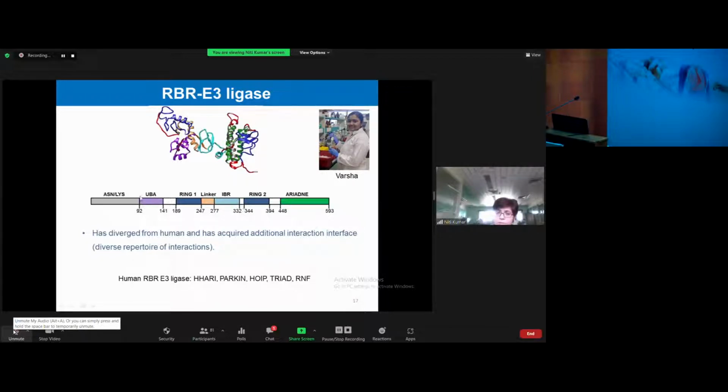It has diverged at the N terminus, the C terminus, and even the RING1 domain shows some non-canonical motifs, which makes it very different from the human E3 ligases.